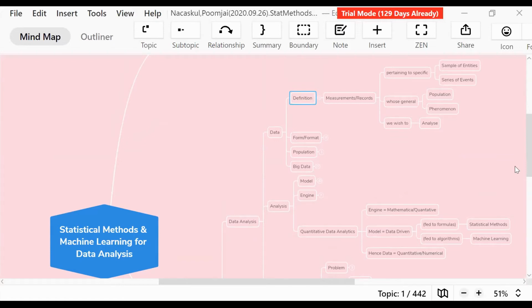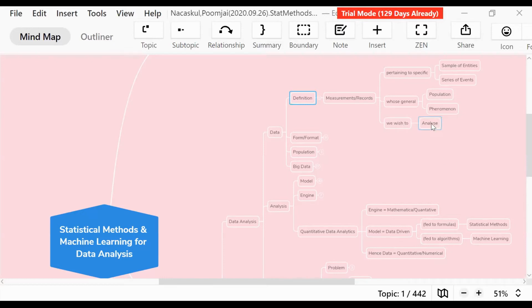So if you're trying to make a product that targets elderly ladies, and you record that information about your mom, then it becomes a data point, because your mom is a representative of a larger population. So data in this sense is a record, some kind of measurement, but it pertains only to a specific sample of the entities, of which the general population is what you want to analyze.